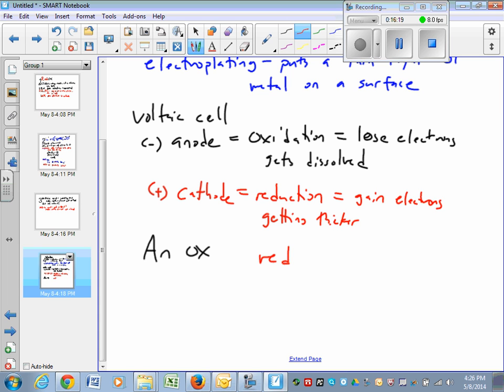Anode is oxidation. Okay. You would never say Ox An, and you would never say Cat Red, but you do say An Ox, so that's really easy to remember. An Ox, anode is oxidation. And then Red Cat, reduction occurs at the cathode.